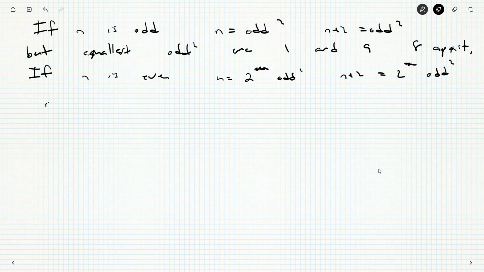So 2 is n plus 2 minus n, which is 2 to the something. There's a contradiction in there. I'm having trouble phrasing it.